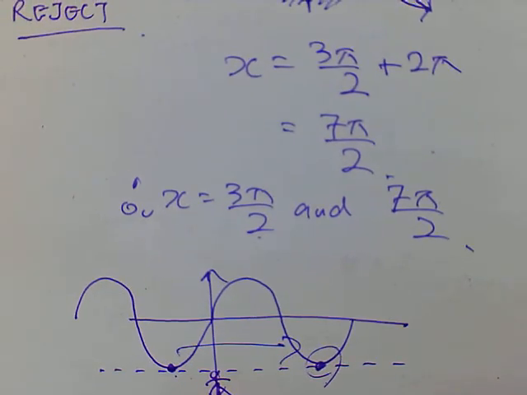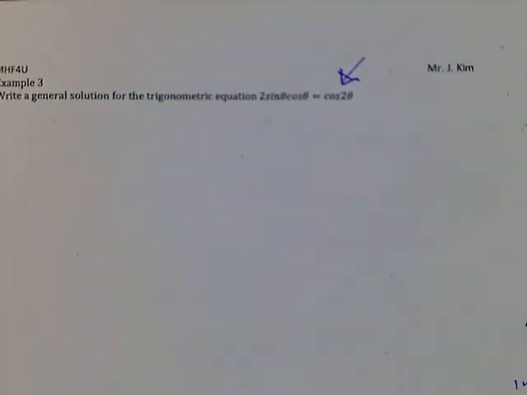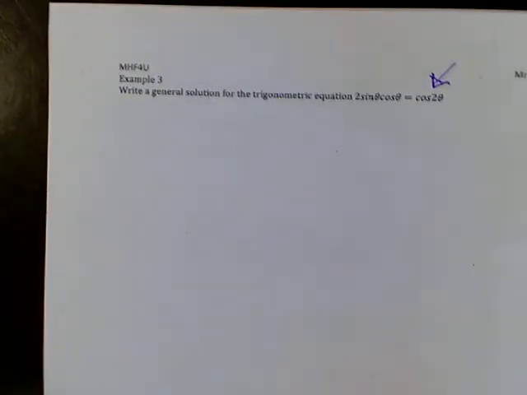Okay, here's what I would like to do. I really do want to get to example 3 because it gives you an opportunity to work with a double angle formula.